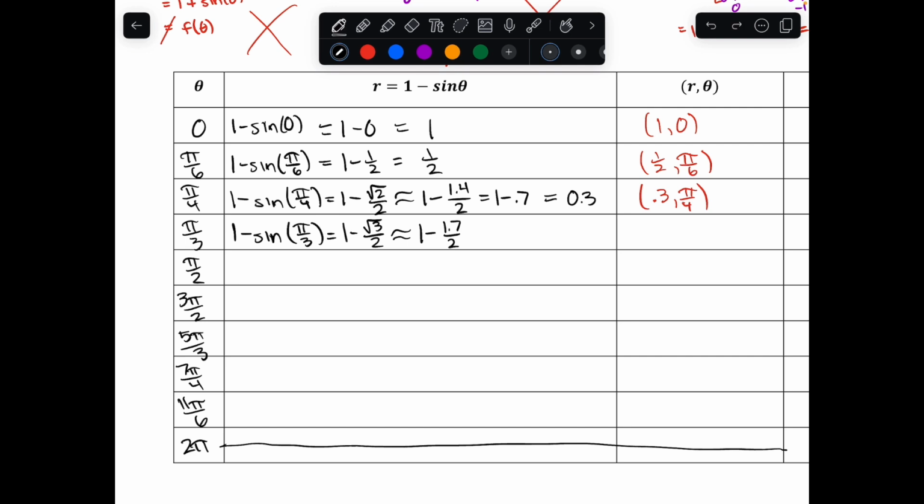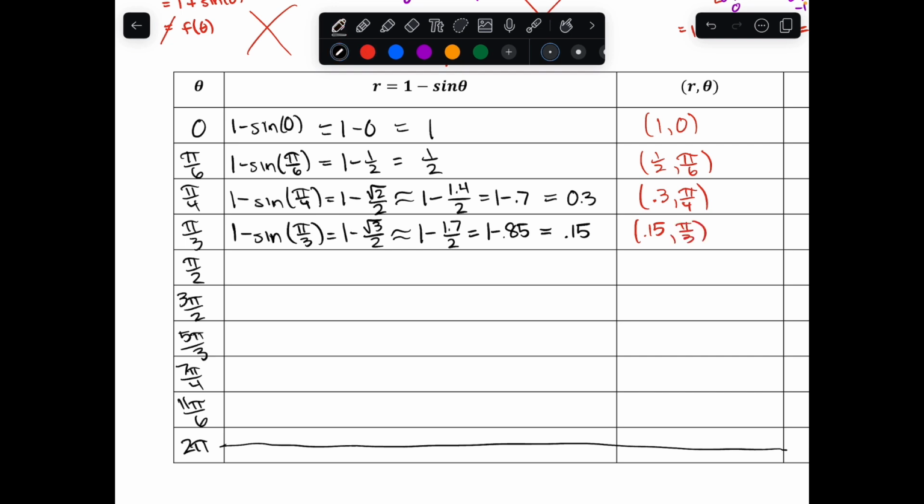Now, what's 1.7 divided by 2? 0.85. So this is going to be equal to 1 minus 0.85, which is equal to 0.15. So we get the point 0.15 at an angle of pi thirds.